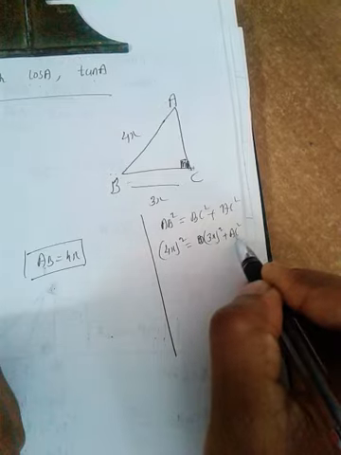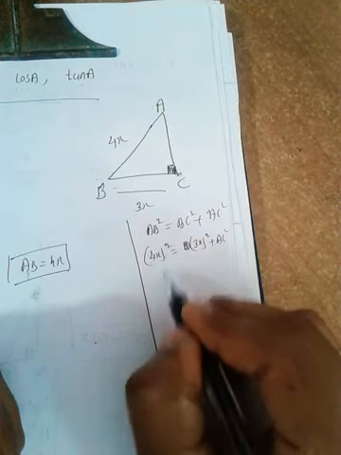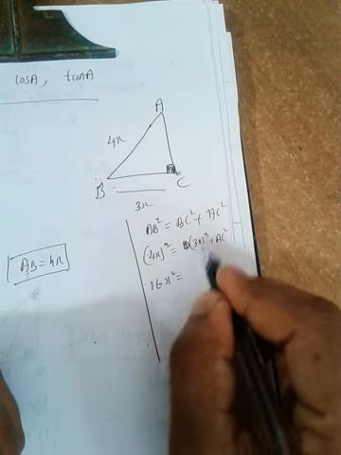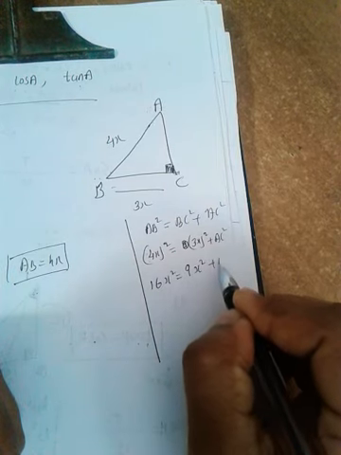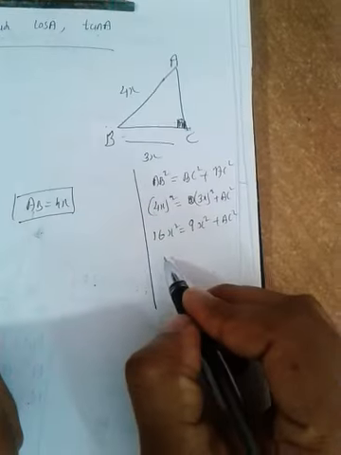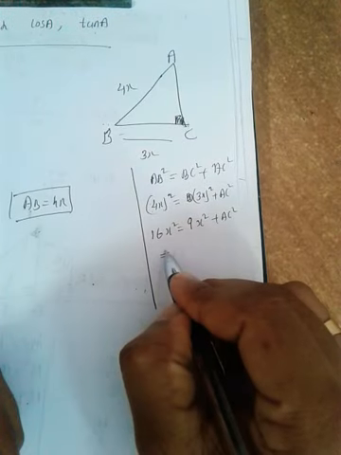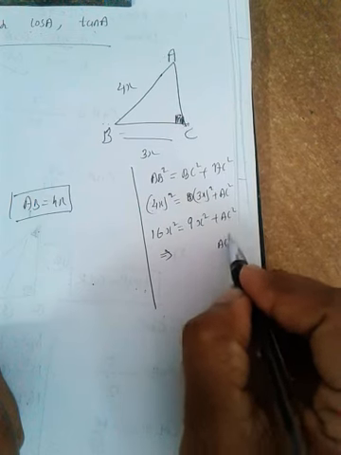I don't know what AC is. AC is the side which I need to find out. So what is 4x square? 4 square is 16, so 16x square. 3 square is 9, so 9x square plus AC square. Very next step, maintain AC square there itself.